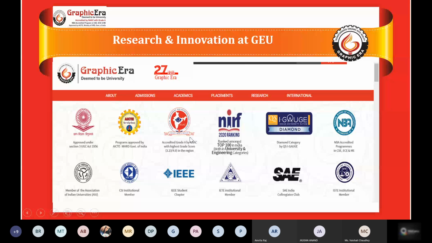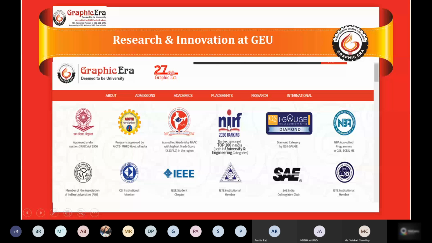Then we have a top NIRF ranking, right? We are among top 100 in India, both in engineering and university categories. So this is one of the achievements, and this is why you have taken the admission at Graphic Era University, because it tells that you will get overall personality development, not only in academics, not only in research.